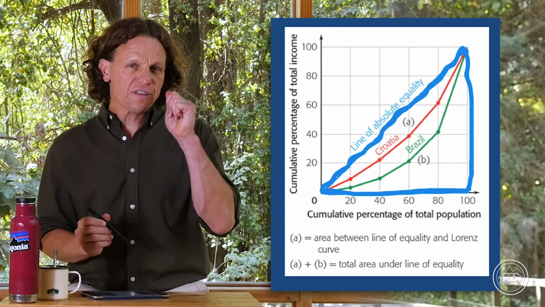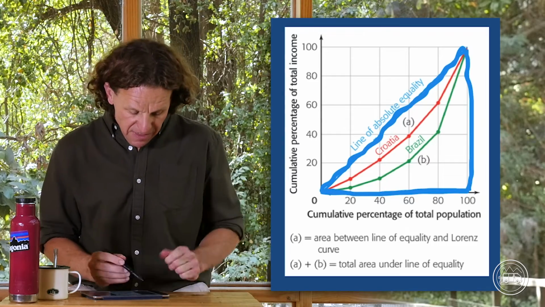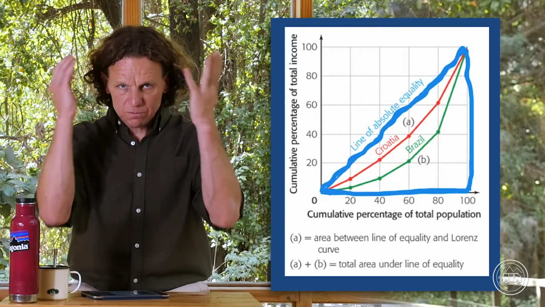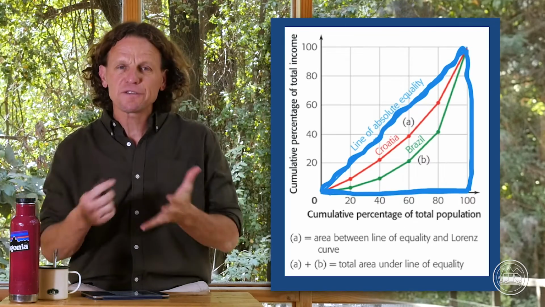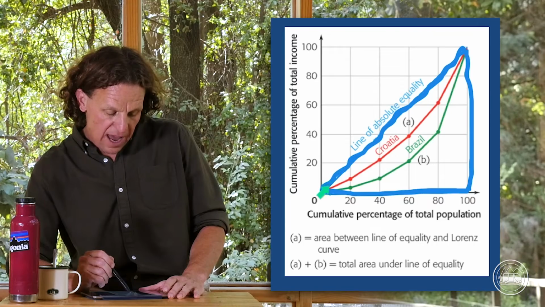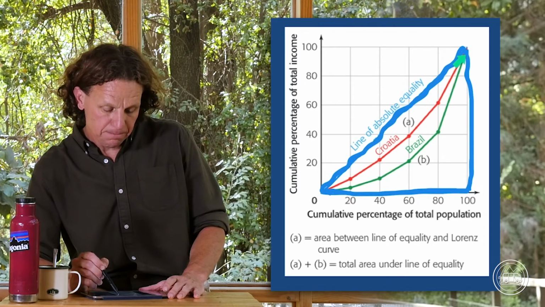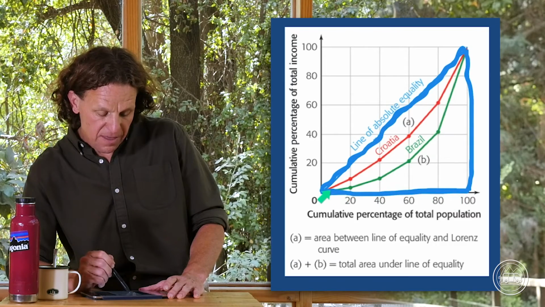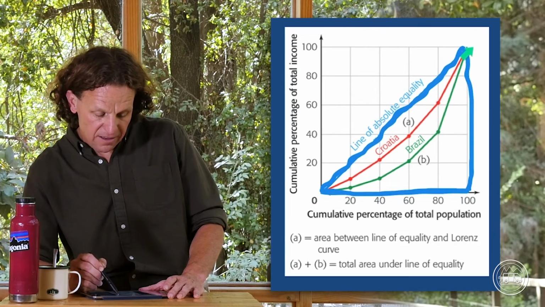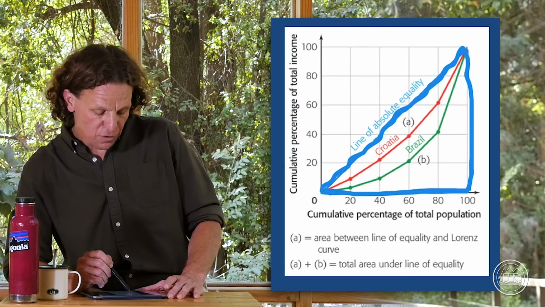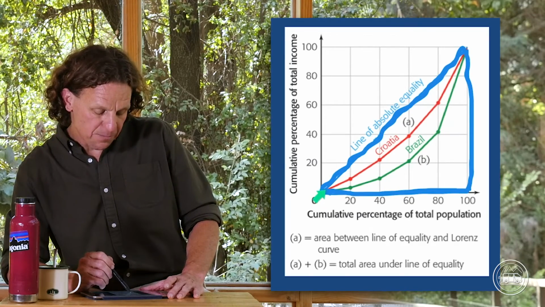What I want you to think about is that this is just a device for remembering. If there were a country that had perfect distribution of income, then it would fill up this entire area of the blue triangle. Does that make sense? So let me say it a different way.